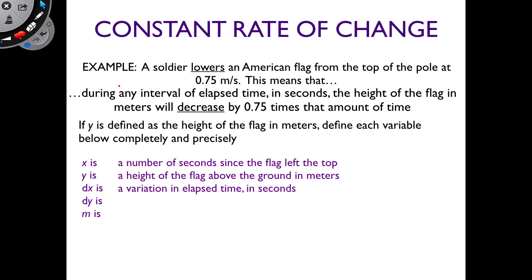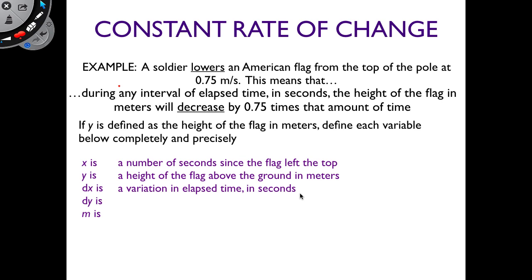So once you've defined your basic variables, your x and your y, your two that are related by that constant rate, you can talk about precisely defining those changes in whatever words make most sense to you. But again, we need to have the units. But notice what dx doesn't have. It doesn't say elapsed time since the flag left the top of the flagpole, because it doesn't have to start at the beginning.